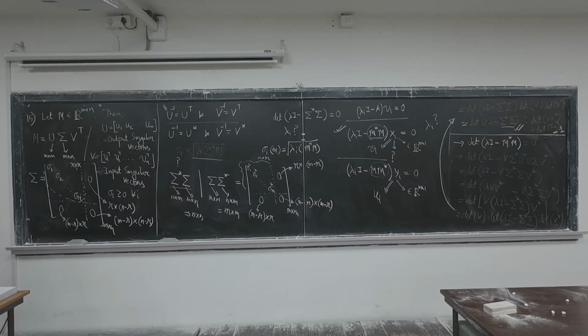Any other? From the rank nullity theorem also we can find it, right? If you can find the zero eigenvalues, from that also we can find the rank. Although that may not be a definition, if somebody asks you what is the rank of a matrix, from the rank nullity theorem you can also find it.